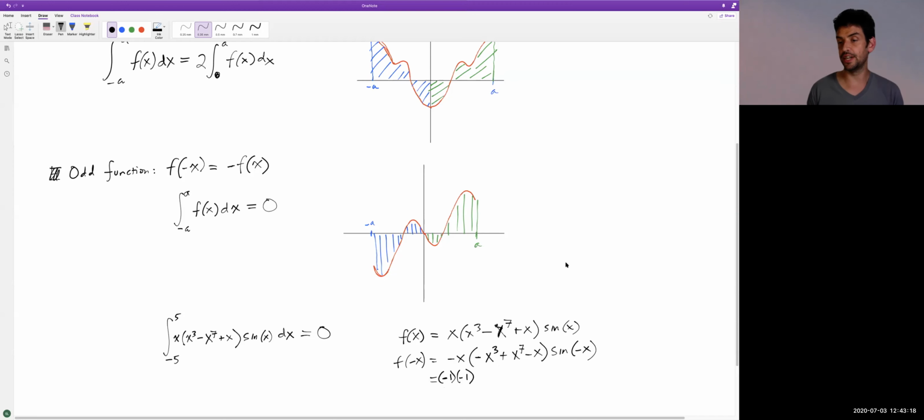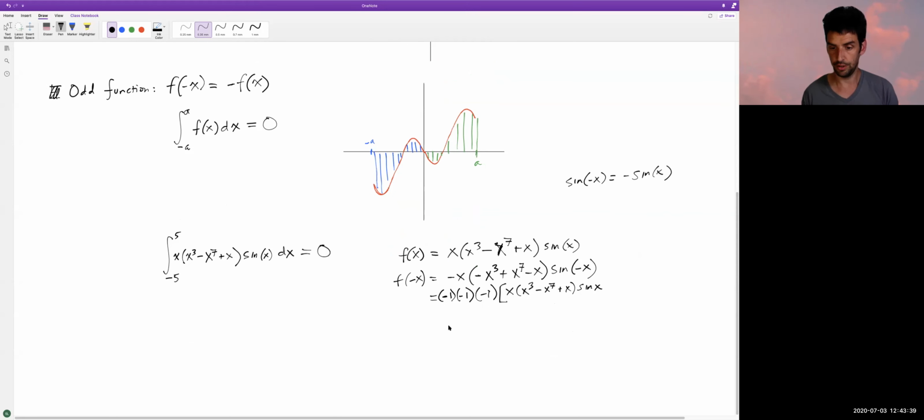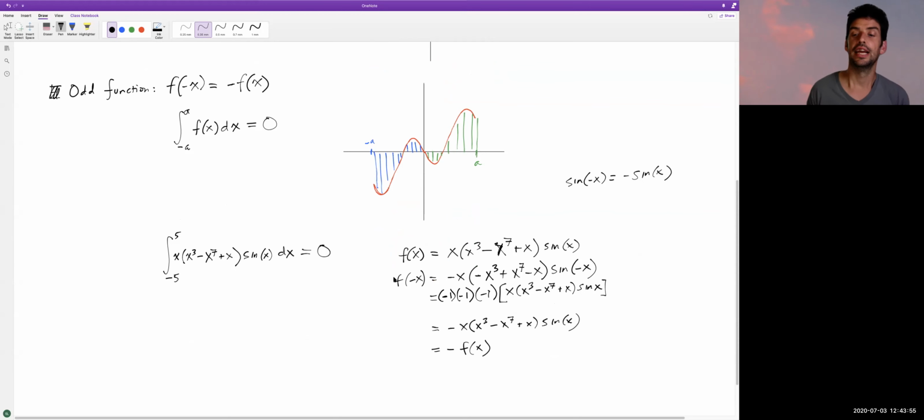And then sine of negative x is equal to negative sine of x because it's odd. So I get another -1 from that factor. And what's left is x times x cubed minus x to the 7th plus x times sine of x. Well, these three -1s in the front just give me a negative x cubed minus x to the 7th plus x sine of x. But this is just negative f of x. All right, so that's an odd function, and this is 0.